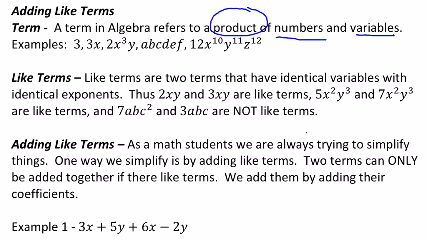Okay? Like terms are two terms that have identical variables with identical exponents. They have to be exactly the same. And so 2xy, 3xy are like terms.